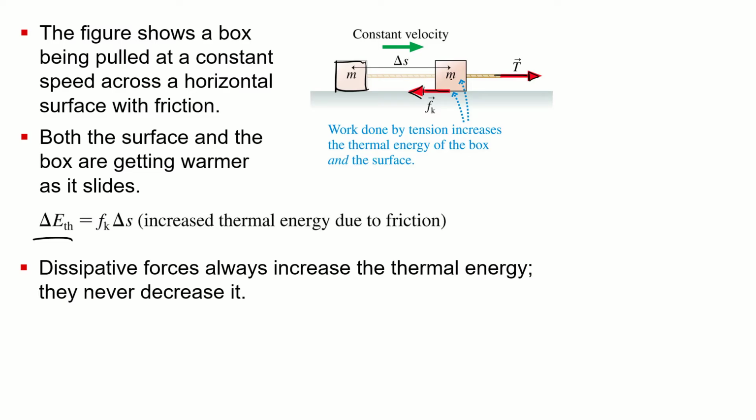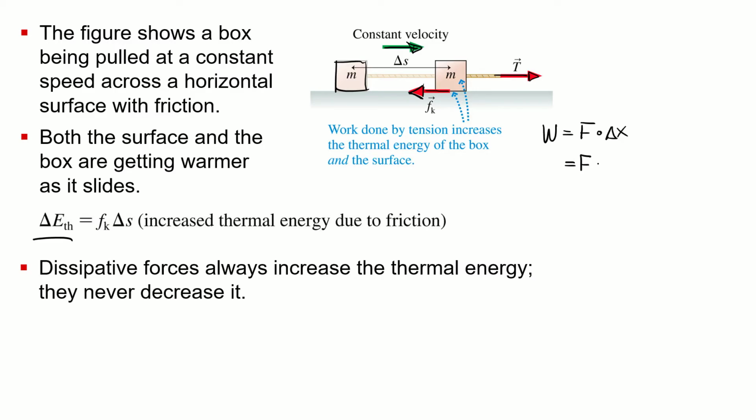That force is also doing some work, or it's transferring some energy, and that work would just be the force, a constant force because it's kinetic friction, dotted with the displacement. It is in the opposite direction, so the angle between the velocity this way and the friction that way is 180 degrees.